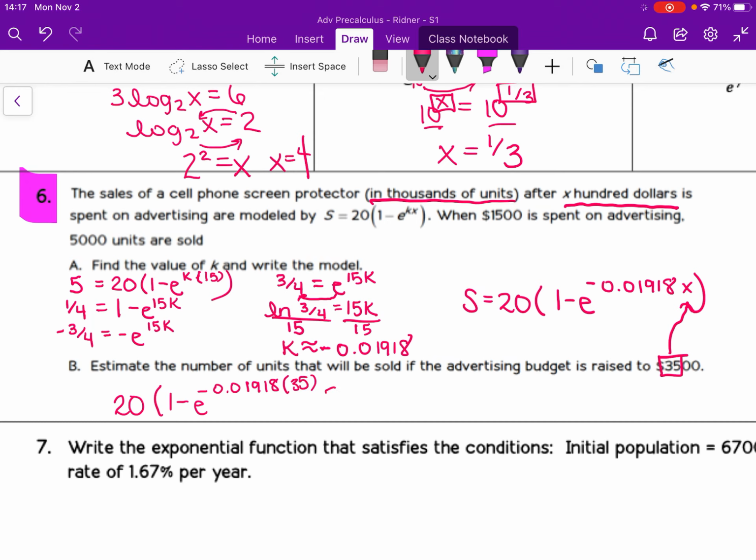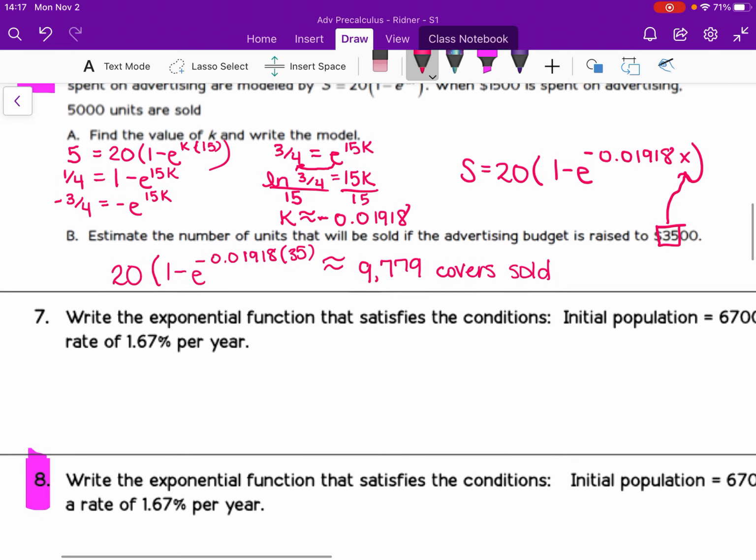Which will give me approximately 9,779 covers sold. Okay. All right, next.